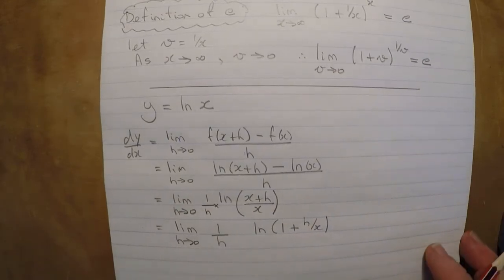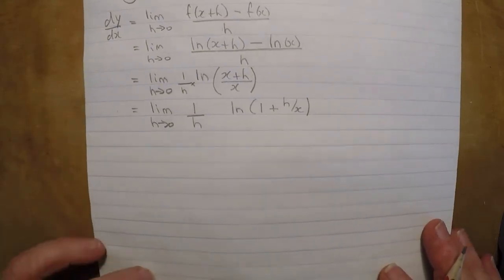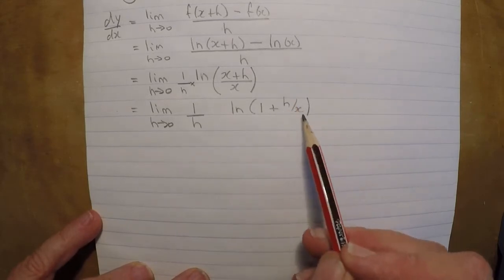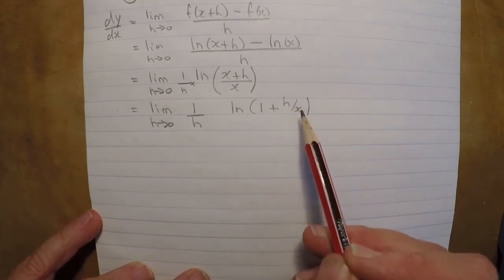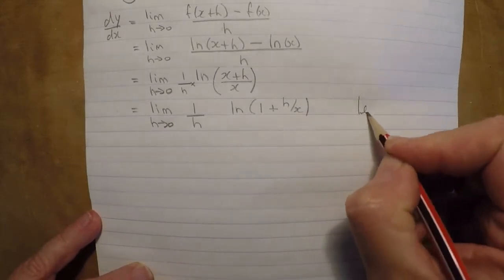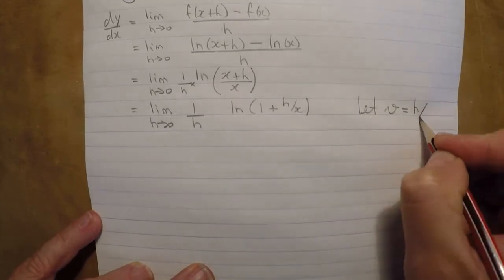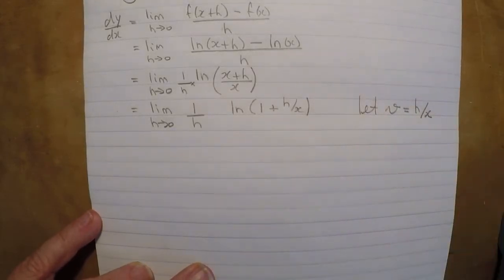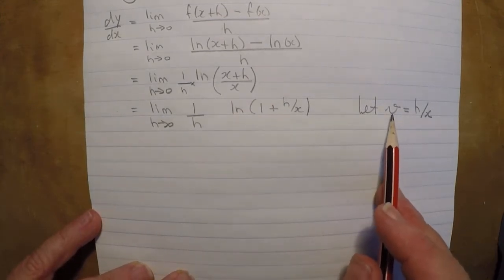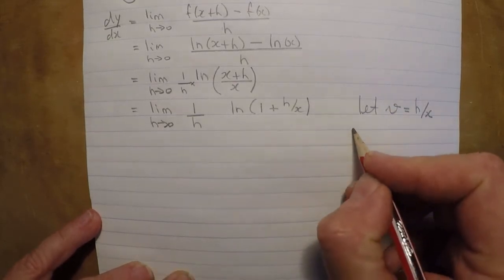Now at this point I'm going to make a substitution, a change of variable, a little bit like we did earlier. The thing that I want to change is this h over x. Let's define a new variable v, which equals h over x. Now, if we're going to define this new variable, we have to imagine what happens to v as h approaches 0.